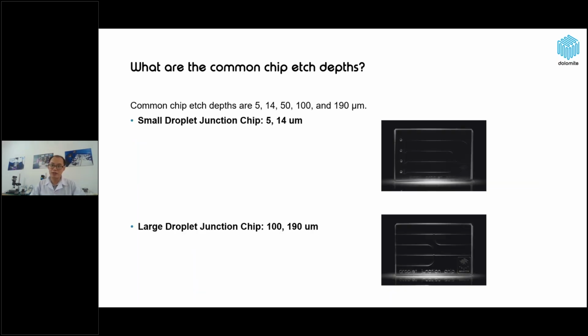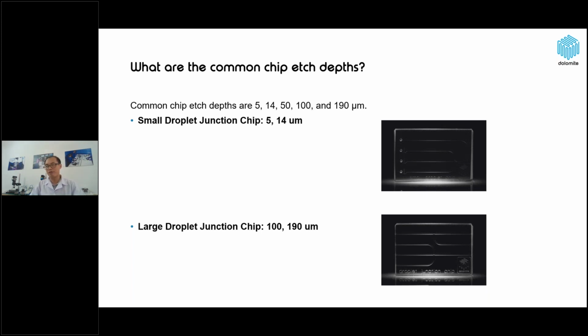And the second very important factor is the chip channel size, or chip etch depth. With Dolomite, we have a wide variety of chip sizes, but common chip etch depths are listed here: 5, 14, 15, 100, and 190 micrometer chip channels.